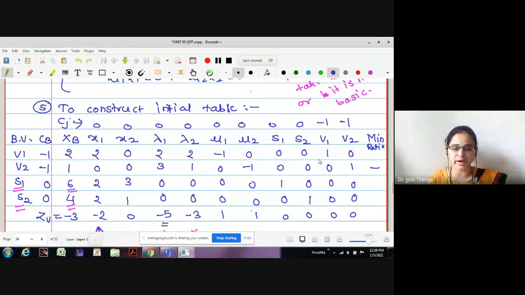First entry is 2 by 2, that is 1. Third entry is 6 by 2, that is 3. Fourth entry is 4 by 2, that is 2. Which is minimum? 1 is minimum. Therefore, this will leave the basis. This is the pivot.